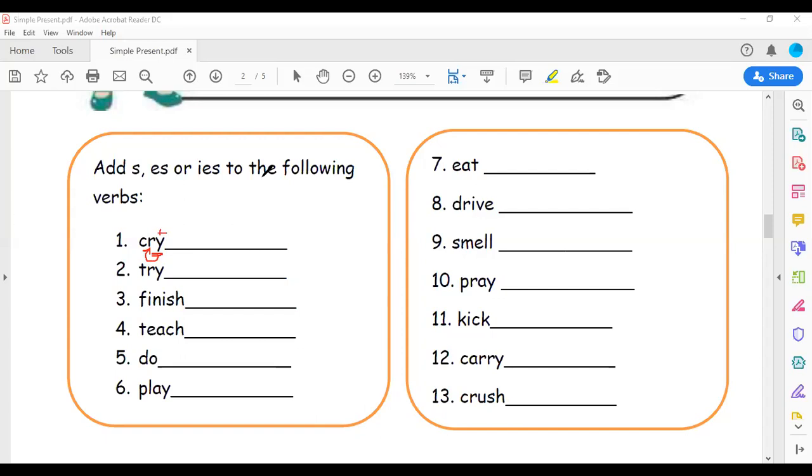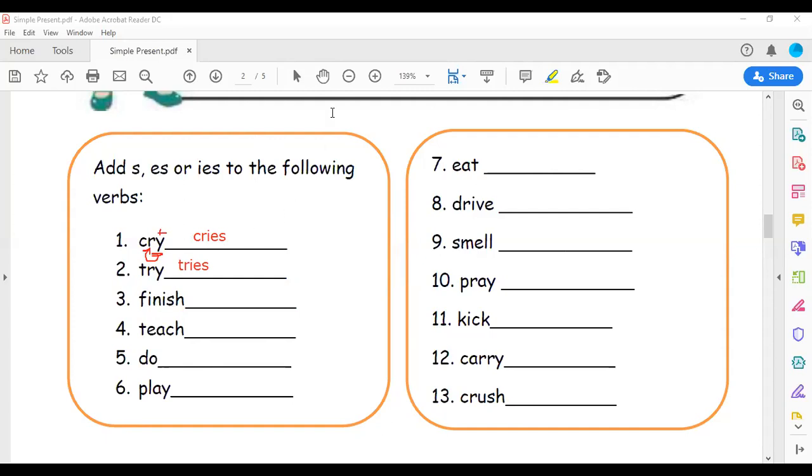I change the Y into I, so it becomes cries this way. Number two, try the same. I look at the Y, before it, is it a vowel? No. So I change the Y into I. It's tries.